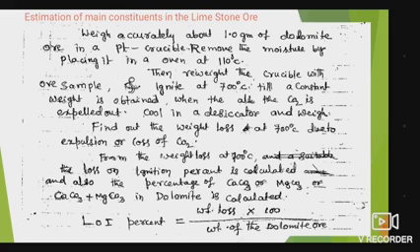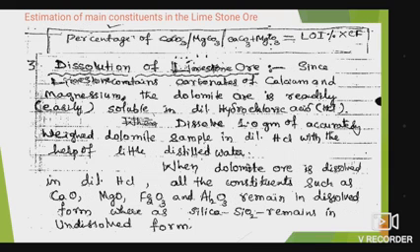From the weight loss at 700 degrees Celsius, the loss on ignition percentage is calculated, and also the percentage of CaCO3 plus MgCO3 in dolomite, by means of the formula: LOI percent, that is loss on ignition, is equal to weight loss into 100 divided by weight of the ore, that is dolomite or limestone ore.